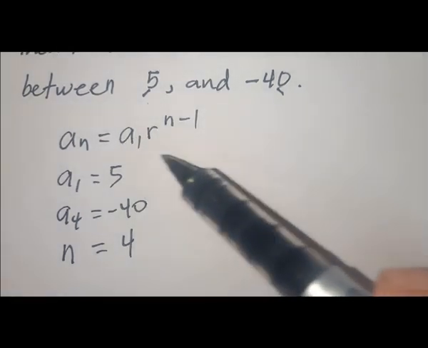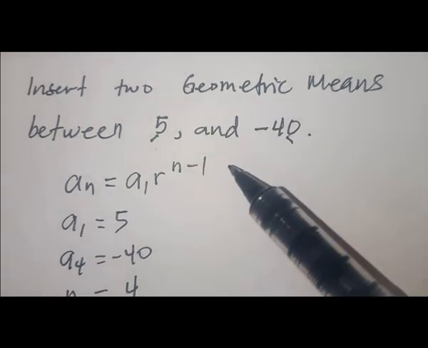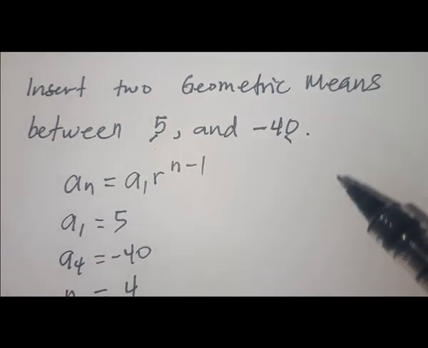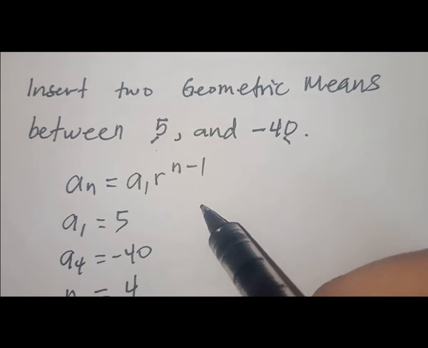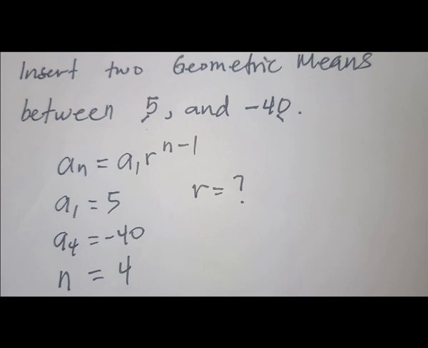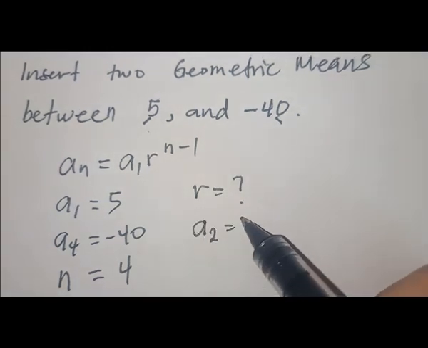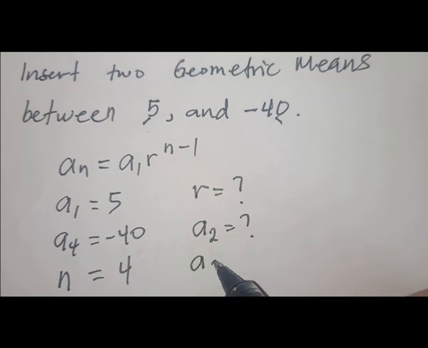Now, para mahanap natin yung 2 geometric means between 5 and negative 40, syempre, kailangan muna nating ma-identify what will be the value of our common ratio. Pag nakuha na natin yung common ratio, makukuha natin yung second term at yung ating third term.